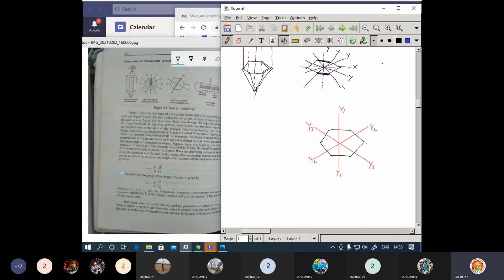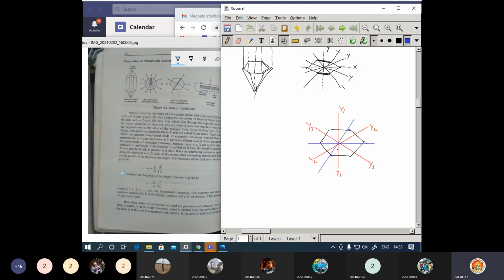Okay, now you mark the x axis. Here this dot and this dot are opposite, so you draw a straight line passing through this particular pair, somewhat like this. Later on you can draw the exact diagram.